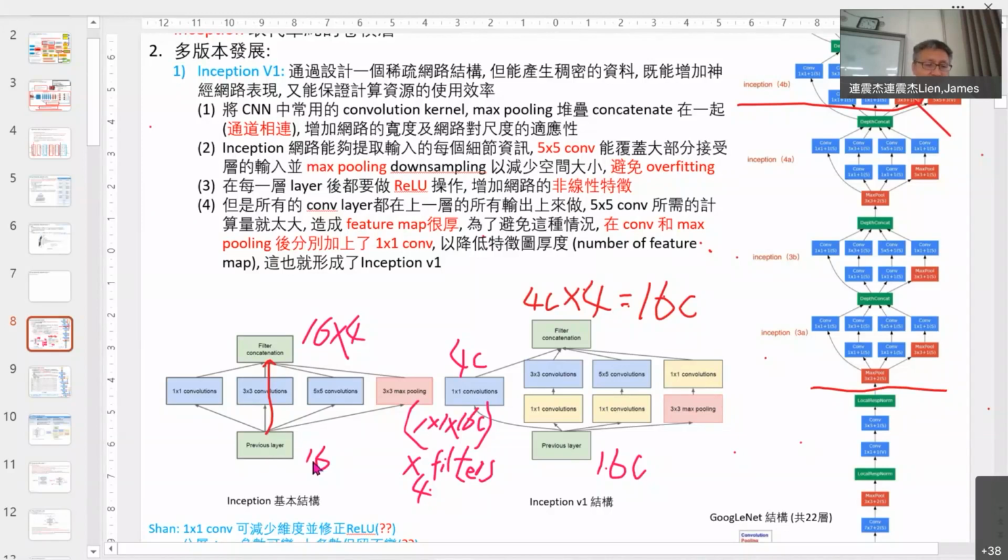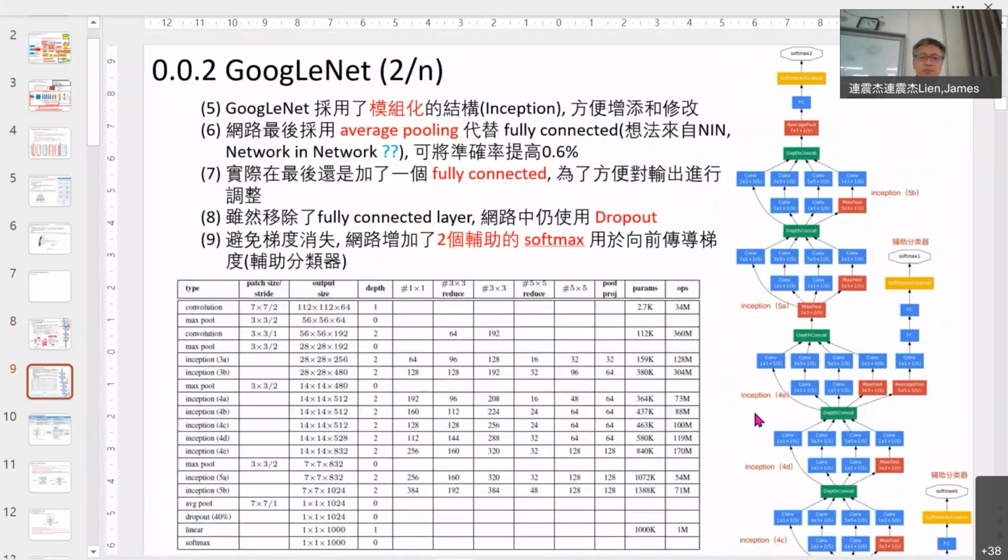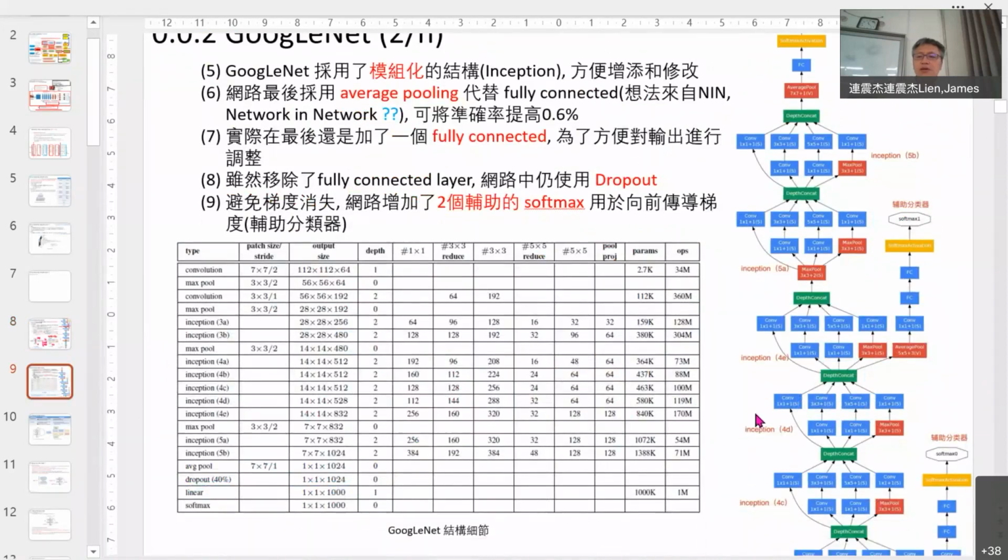But instead of this one passing through here, we have the same 16 maps input, 16 maps output. However, we have different kinds of filter size, so the result is better. So that's good. So this is called inception. OK，inception 是这个意思。好，就这样。Oh, here, right.